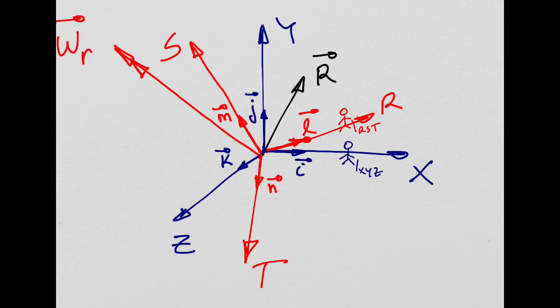The velocity of this point is going to be equal to the angular velocity in the circular motion cross product with the position vector, and that position vector is L. Right?